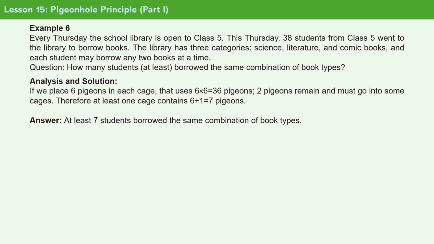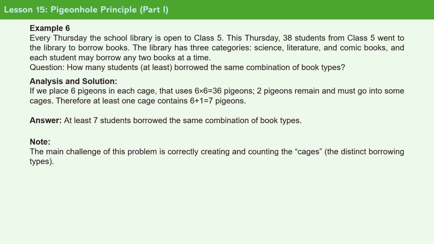If we place 6 pigeons in each cage, that uses 36 pigeons, 2 pigeons remain and must go into some cages. Therefore at least one cage contains 7 pigeons. The answer is at least 7 students borrowed the same combination of book types. The main challenge of this problem is correctly creating and counting the cages.